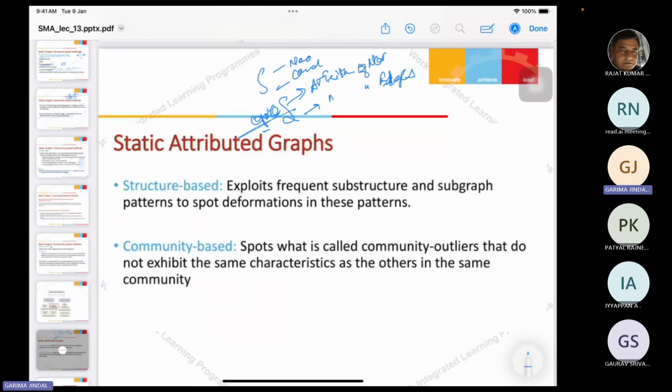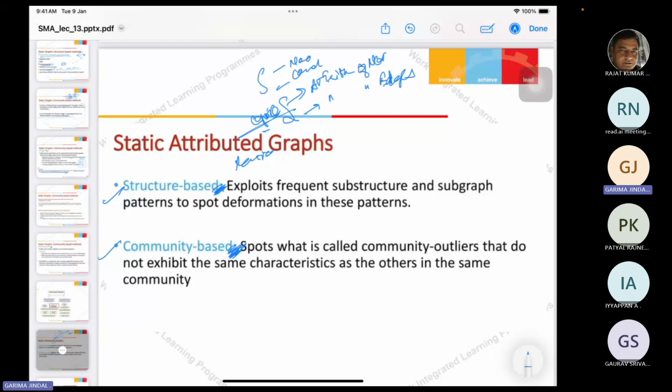For static attribute based graphs, there are two further categories of algorithms that can be used to identify anomalous behavior. One is structure based and the other is community based. In plain graphs, we have already seen the structure based and community based methods.